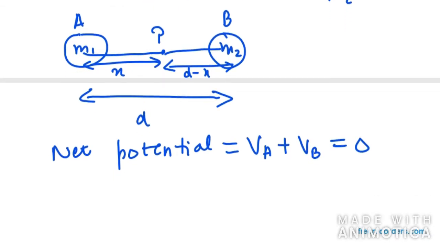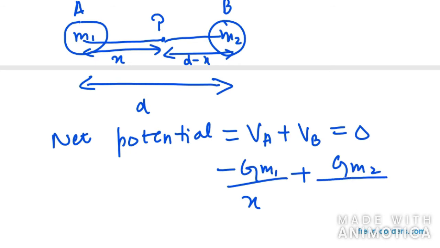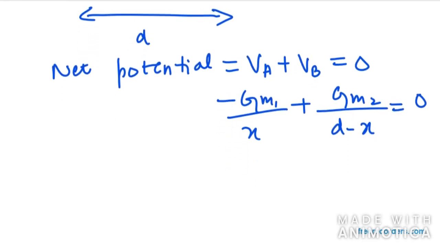Now in this case my VA will be minus GM1 over x, and my VB, with respect to P, is minus GM2 over d minus x, equal to 0. Now I will be equating these values to get the x value here.